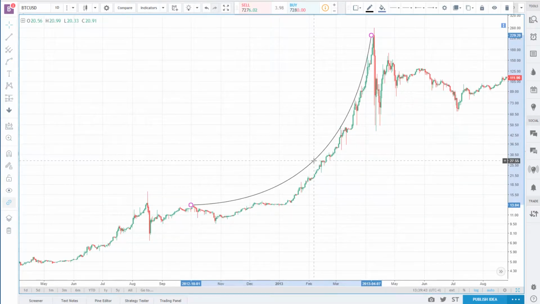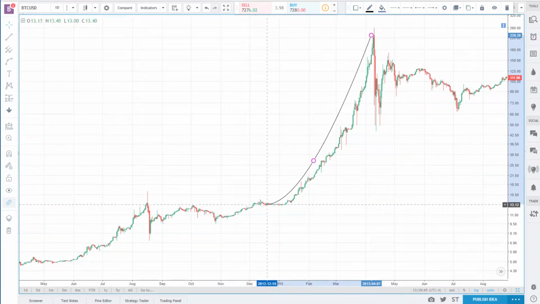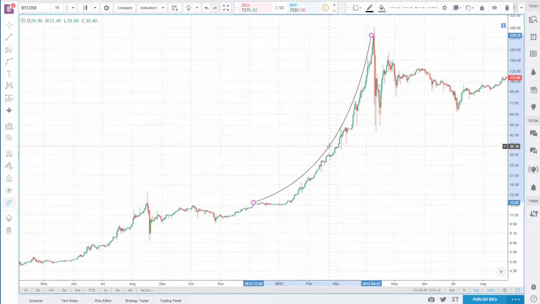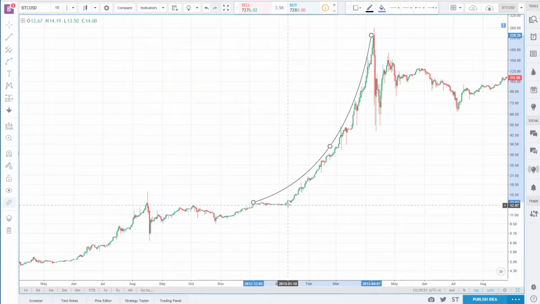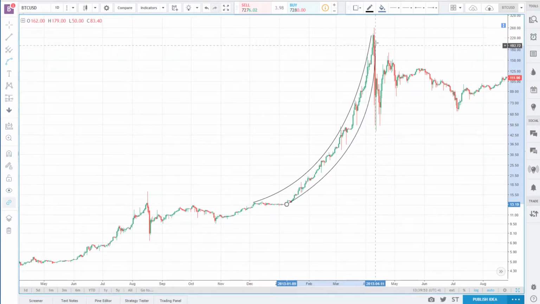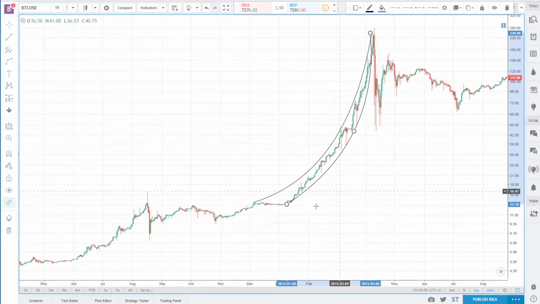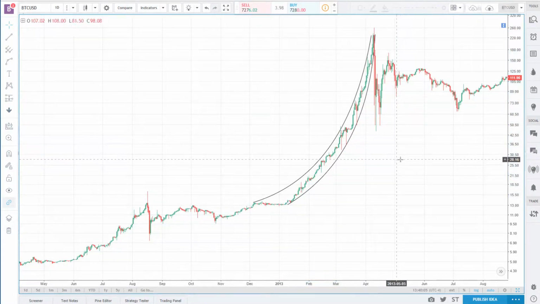This one's a little bit more aggressive, probably better off right there. This is another one that had a parabolic envelope here before it ultimately broke down. And you see the support and resistance is very well confined within this little envelope here, right?